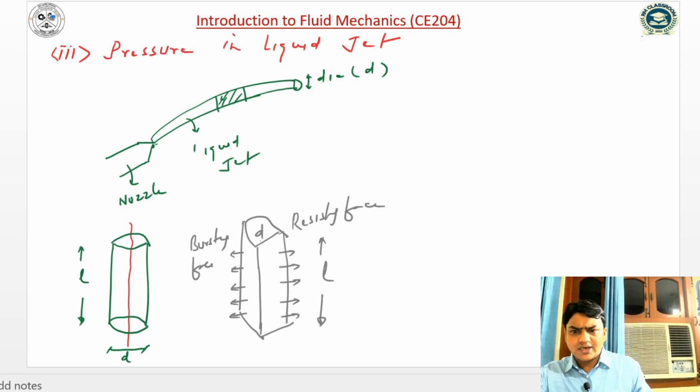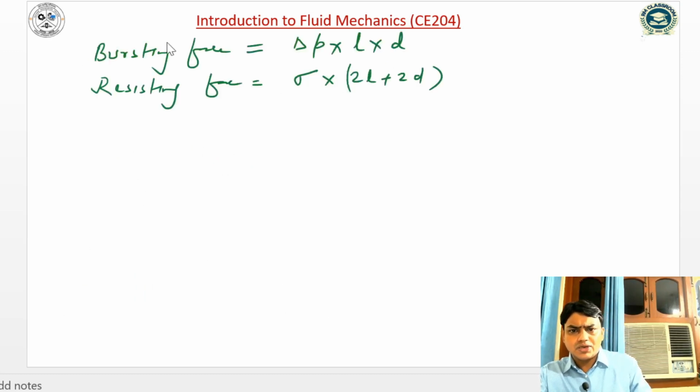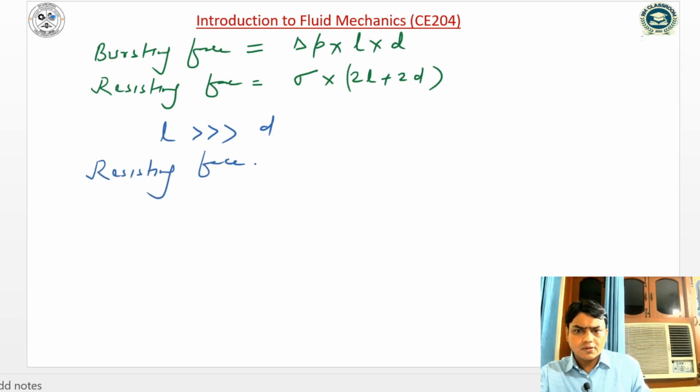But here we can see that the length is much greater than diameter. So in liquid jet, length is much greater than diameter. So the resisting force or surface tension force can also be written as sigma into 2L.